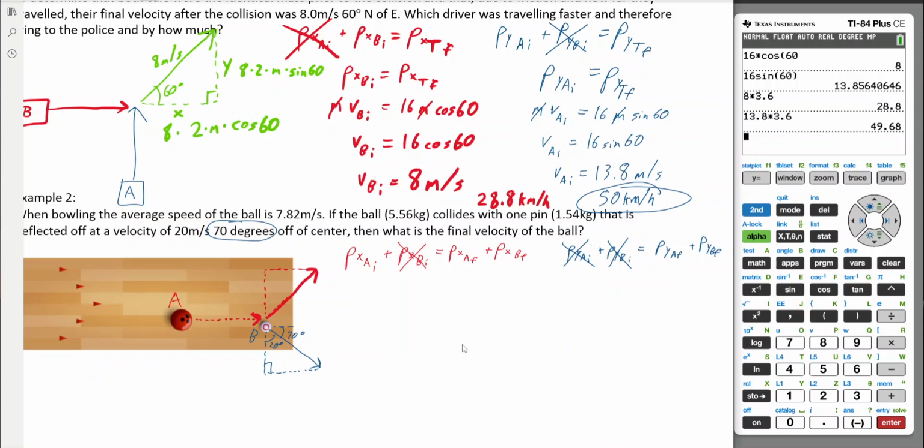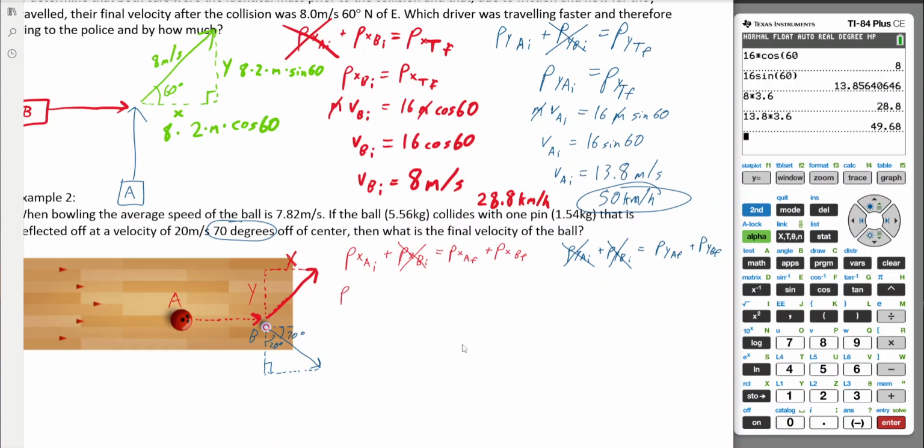Now we can go ahead and rearrange and solve for what we're looking for. What are we looking for? We're actually looking for the ball's velocity at the end. So what we're looking for is, first of all, the y, and second of all, the x direction of the ball. Okay, so the final PXAF.